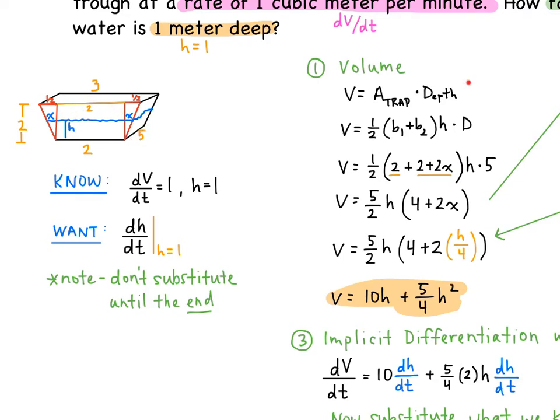So we have the area of the trapezoid times the depth of the trough. Well, area of a trapezoid is 1/2 times the quantity base 1 plus base 2 times the height, and then we have that depth.